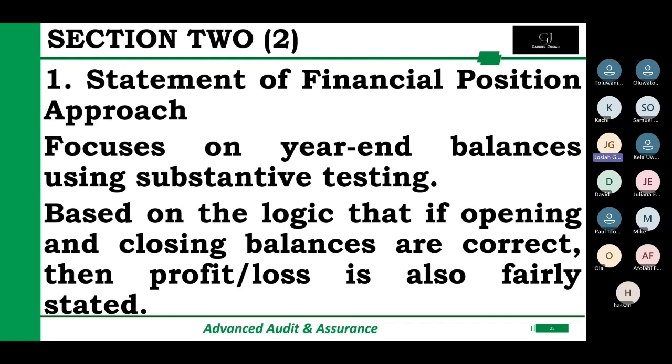So we can logically state that if the opening and closing balances are okay, especially for a small entity, then we can conclude based on the statement of financial position approach that the financial position statement and the performance statements are fairly presented, or fairly stated.